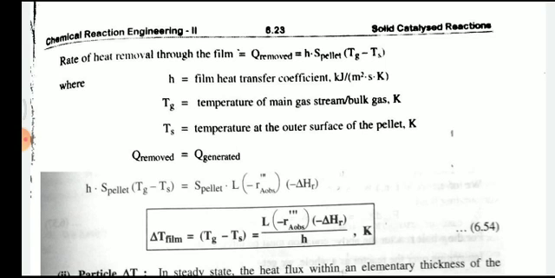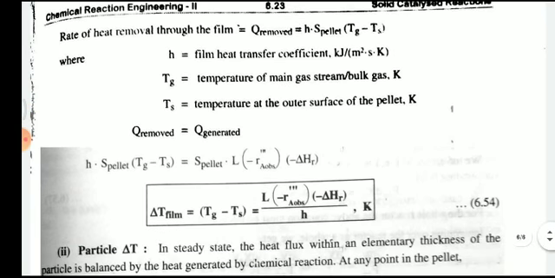So Q removed equals Q generated, so it will be H of S pellet Tg minus Ts equals S pellet into L into R observed into minus delta HR. So the final equation is delta T film, Tg minus Ts, is equal to L into R A observed into minus delta HR upon H, in Kelvin.